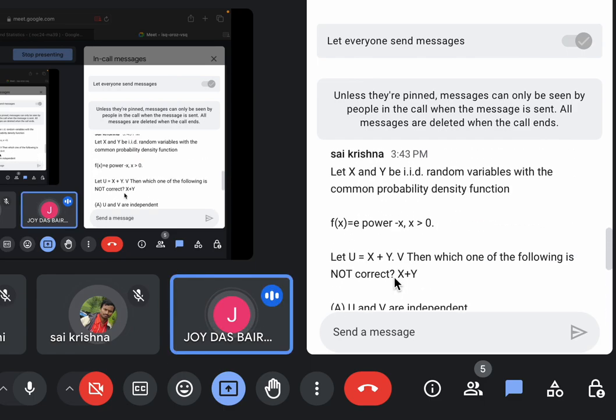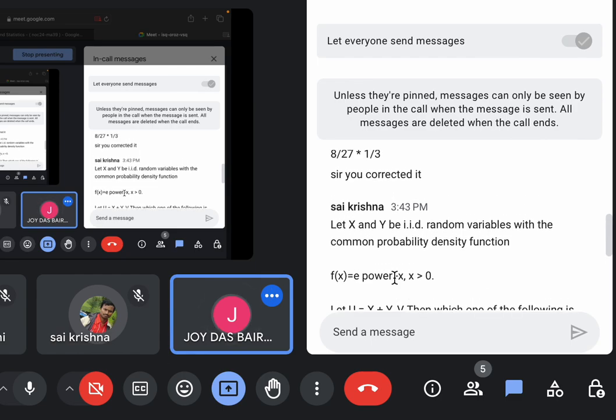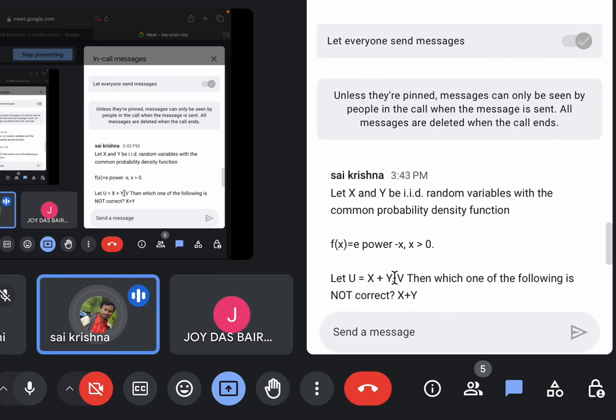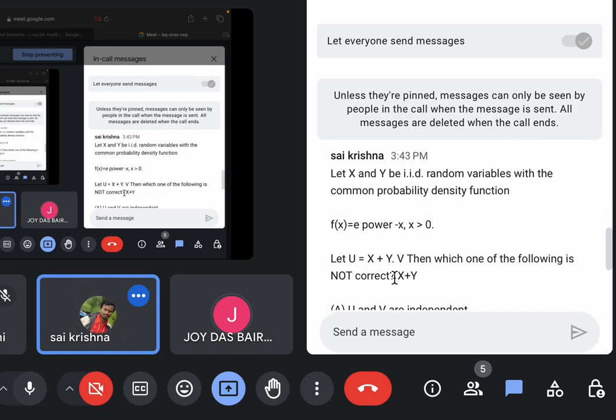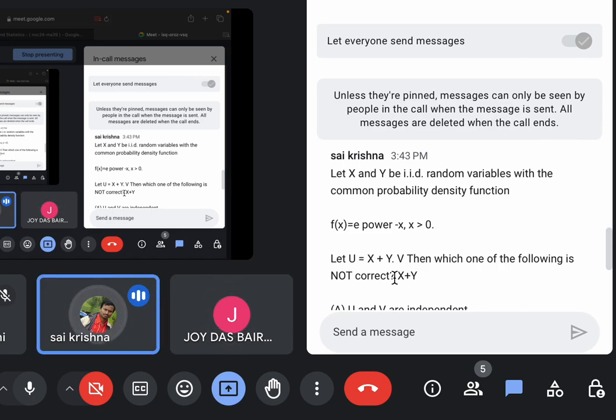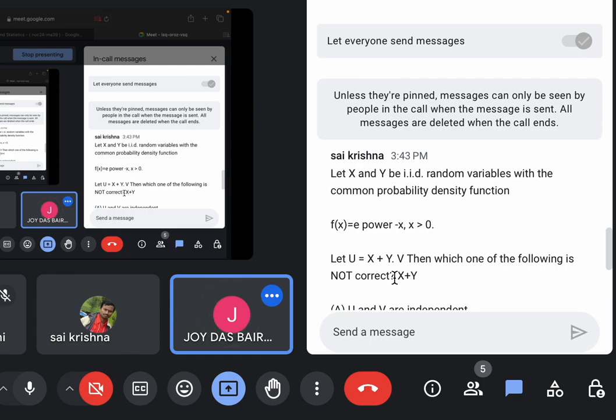Okay, I will try to solve this question. U is equal to X plus Y, and V is equal to X by X plus Y. Your voice is not clear, so can you write it in the message?